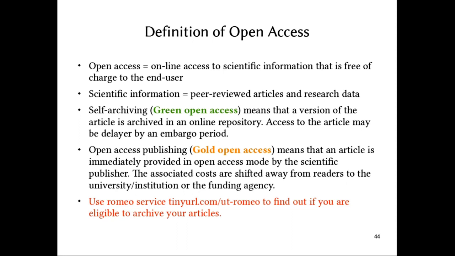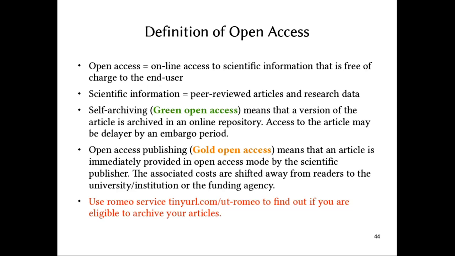Access to the articles may be delayed by an embargo period, which means that whenever you send an article, there is a preprint, and there is a print, and there is a published version, all kinds of versions of your document. Some of them could be put to this self-archiving, but not all of them. And moreover, sometimes publishers agree that you upload your version somewhere only after this embargo period, which is usually 1-2 years.